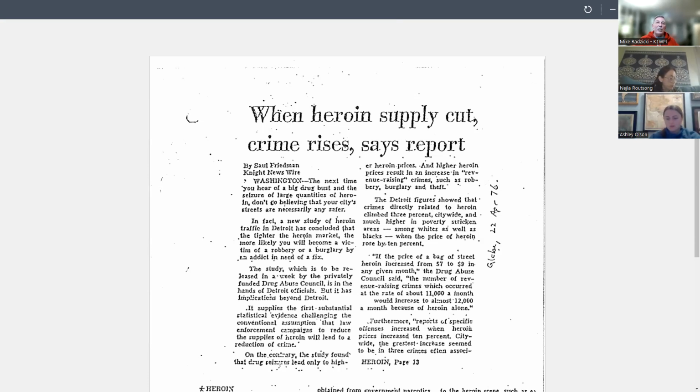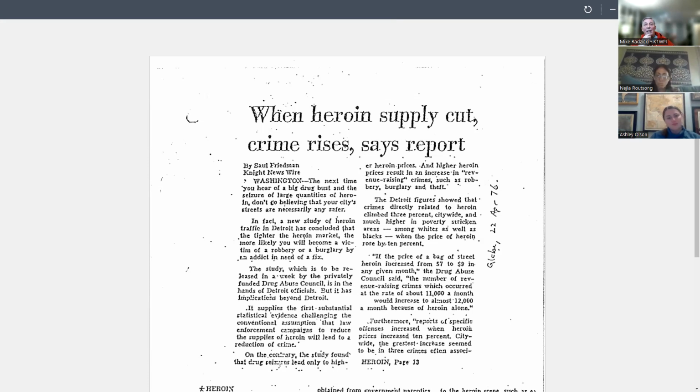The study, which is to be released in a week by the privately funded Drug Abuse Council, is in the hands of Detroit officials, but it has implications beyond Detroit. It supplies the first substantial statistical evidence challenging the conventional assumption that law enforcement campaigns to reduce the supplies of heroin will lead to a reduction of crime.